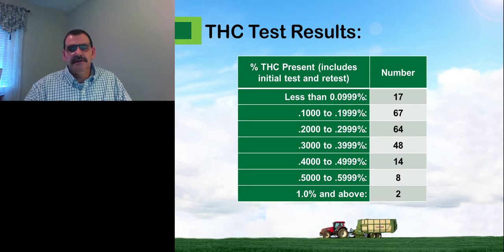As you can see, the vast majority of our samples were below 0.3% THC, which is good. You see that number of 48 that's between 0.3% and 0.39%. That does not mean that all of those samples failed. USDA did something I was actually pleased with. They included the measurement of uncertainty with hemp results.